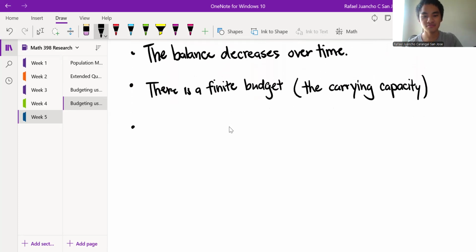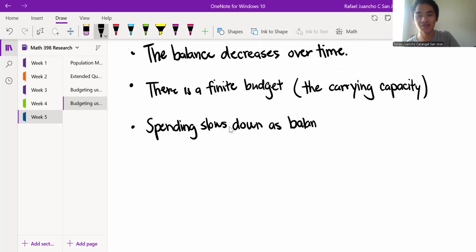And then the spending slows down as the balance diminishes. We'll talk about that in a bit, but something about slowing down tells us a bit about calculus, analyzing change and stuff like that.